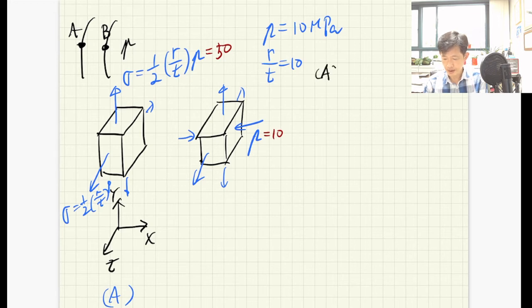sigma xx is equal to what? Sigma xx is equal to 0, and the sigma yy is equal to 50. And the sigma zz is equal to 0.